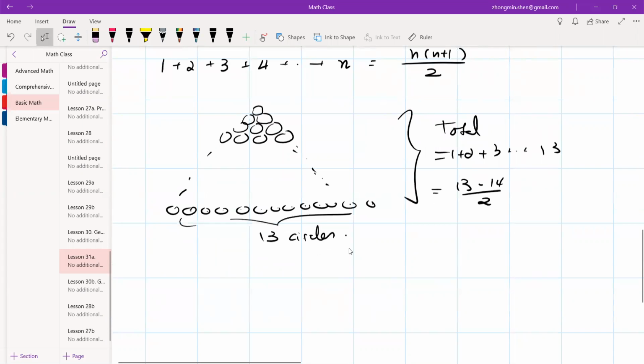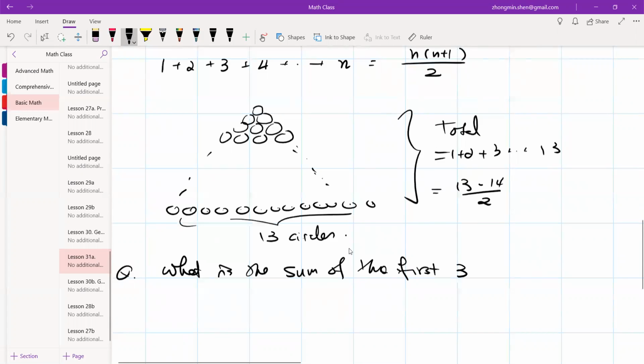Then my next question is, what is the sum of the first 39 odd positive integers?